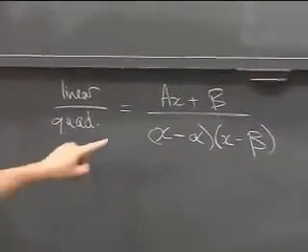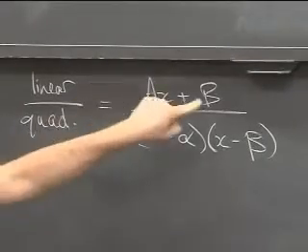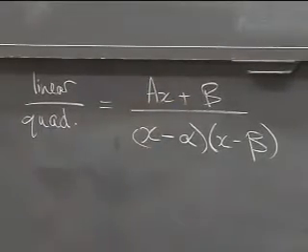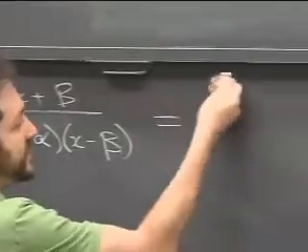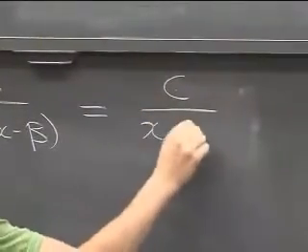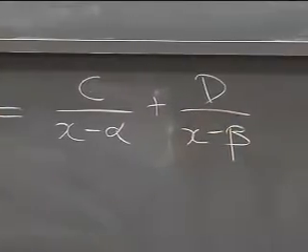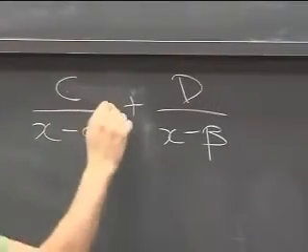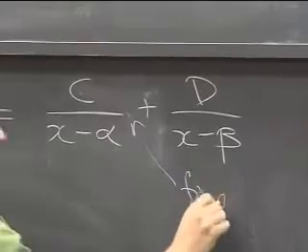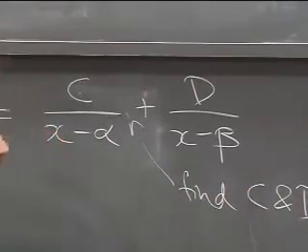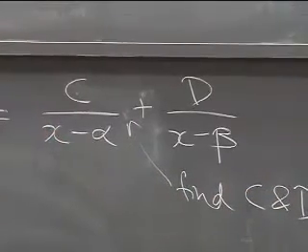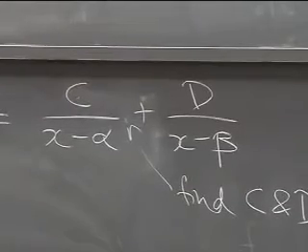And if there was a constant here, I'm going to just pull it out and absorb it up the top. So the idea is to write this as c over x minus alpha plus d over x minus beta. And you have to find these.